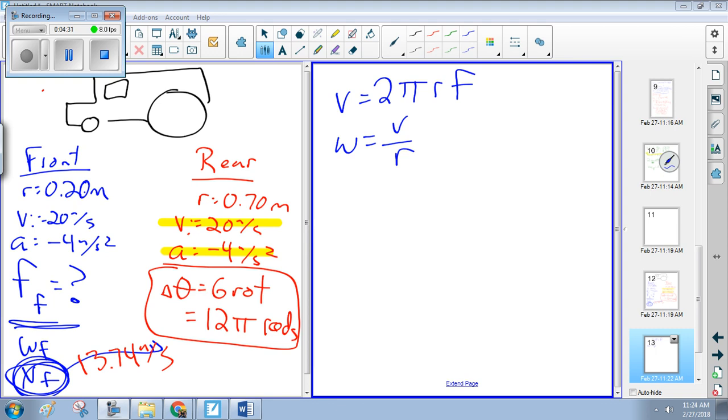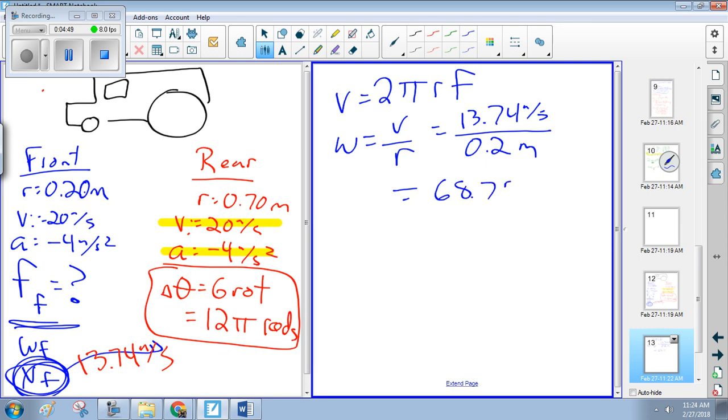So we know our velocity is 13.74 meters a second. We know the radius on those front tires is 0.2 meters, so divide that. And it gives you 68.7 radians per second, and now you just use dimensional analysis and convert.